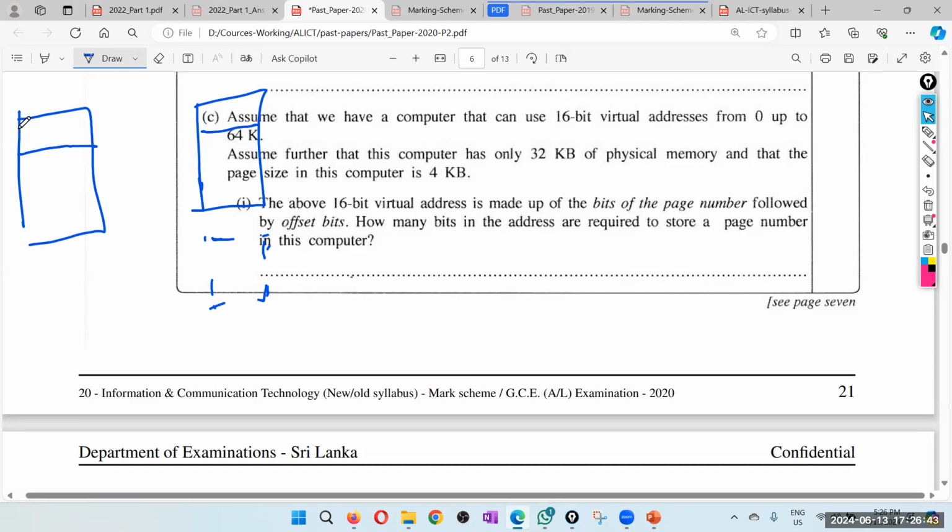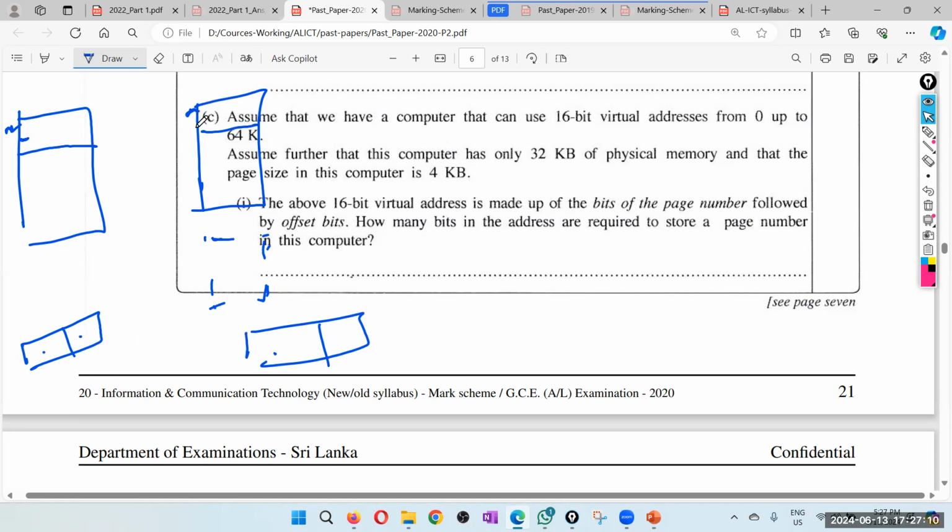So here you have the logical memory address, and here you have the physical memory address. The logical memory address has two parts. The physical memory address also has two parts. This is the page number, this is the frame number, but this part is the same, that is the offset. Which address of this particular page?